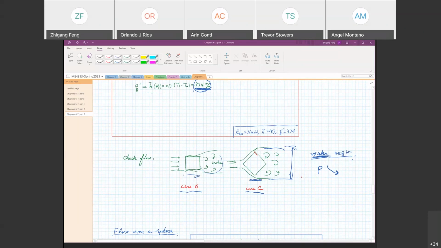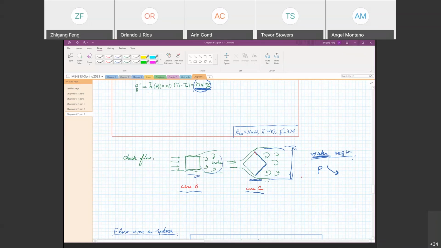Now for the heat transfer part, if you look at the flow region, you have more surface area involved in turbulence compared to case B. In case B, the surface area involved in turbulence is smaller compared to case C, right? And we know turbulence promotes heat transfer.